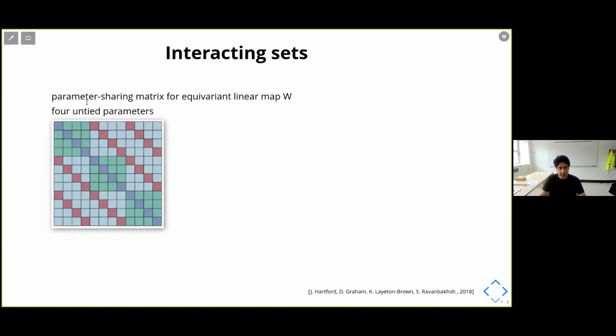So what we show is that the parameter sharing matrix, in this case, has 4 untied parameters. You can get this parameter sharing matrix using the procedure that I described at the beginning. But the question is, what does multiplication by this matrix do?